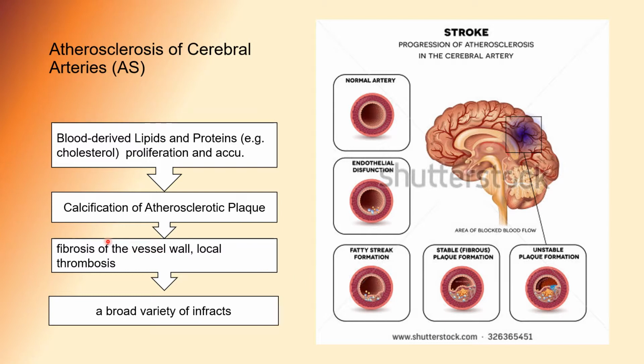And then calcification of atherosclerotic plaque, and then fibrosis of vessel wall and local thrombosis. Let's look at here and here. And then it forms a broad variety of infarcts here.